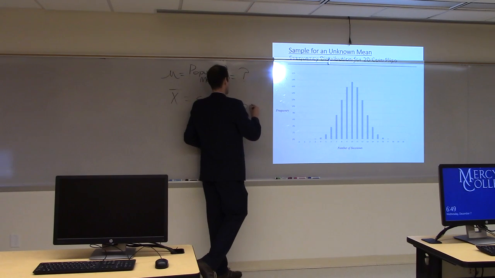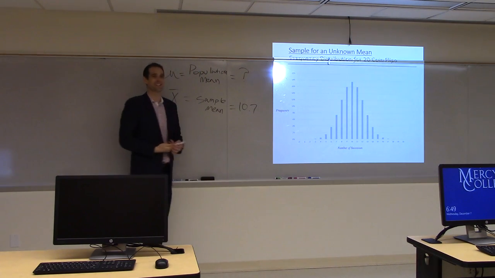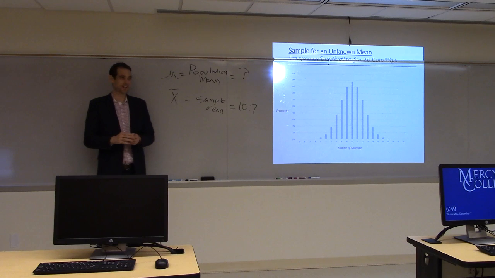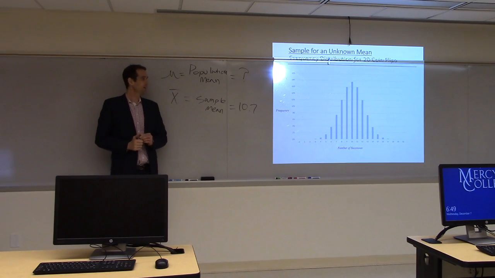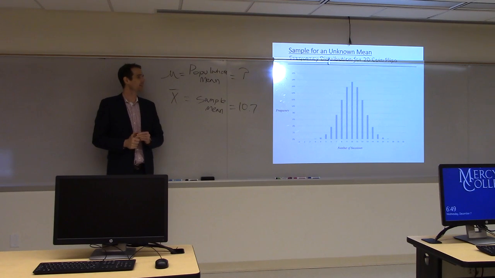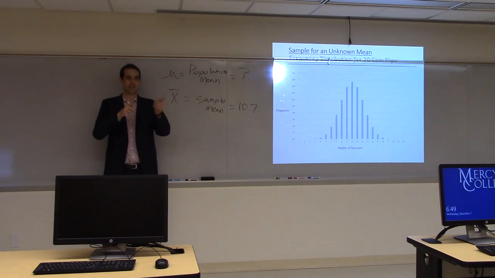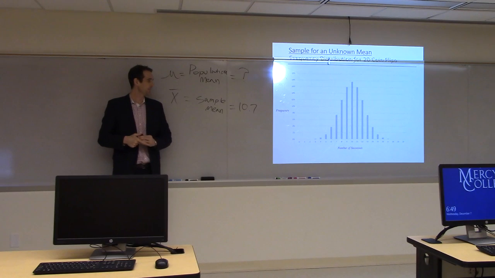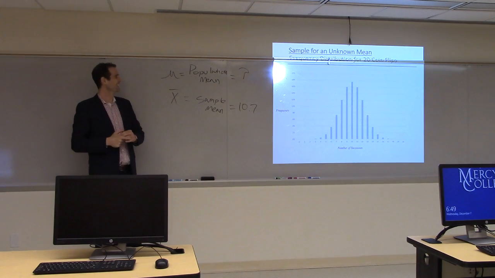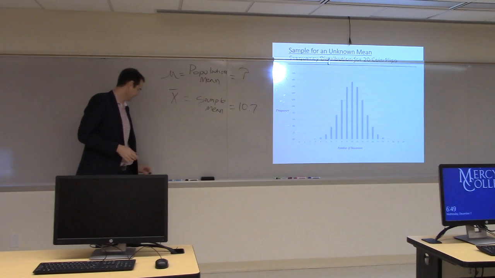All right, 10.7. Yeah, don't ask a question if you know the answer you're looking for. Don't give the students any option of giving a different answer if you know the exact answer you want. All right. Okay. So we get a sample mean of 10.7.